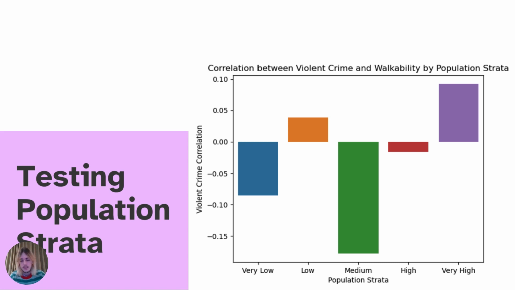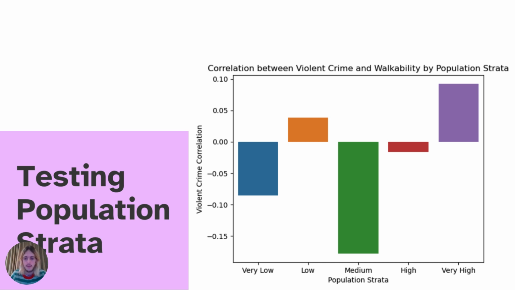Second, I wanted to see if by dividing combined statistical areas by population, I could find some sort of pattern. However, when I set up my cities, I ended up finding that the correlation was negligible.